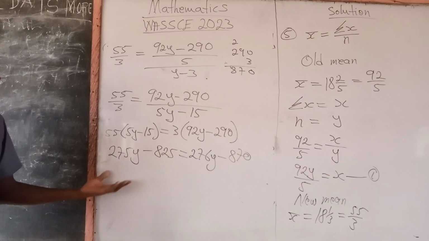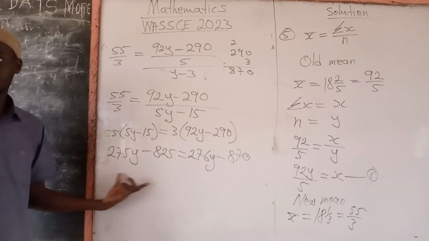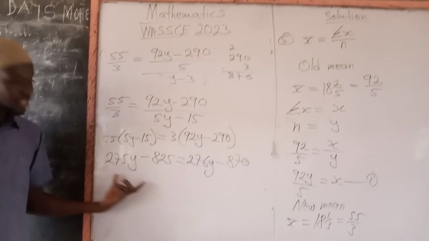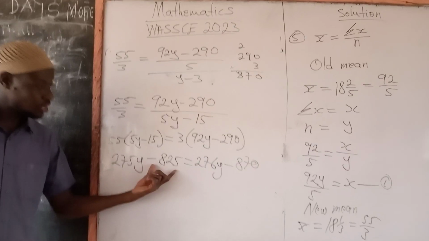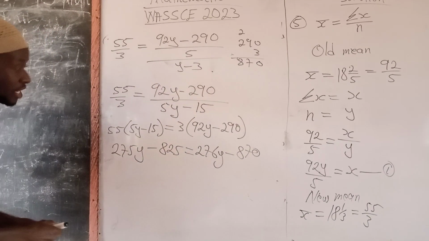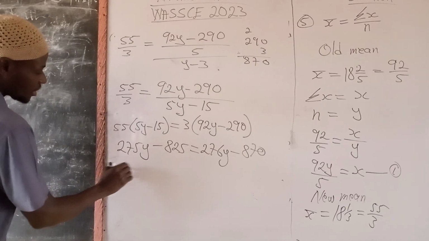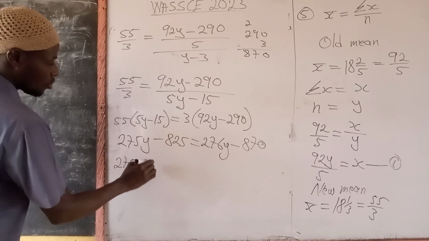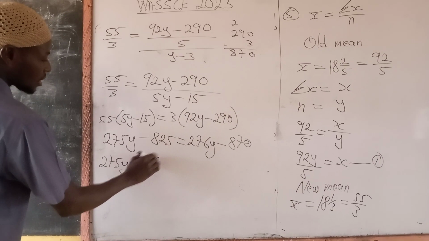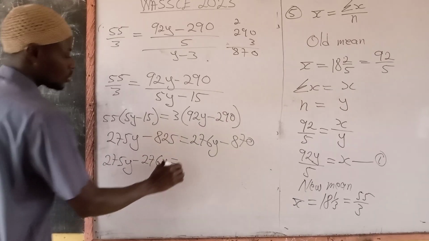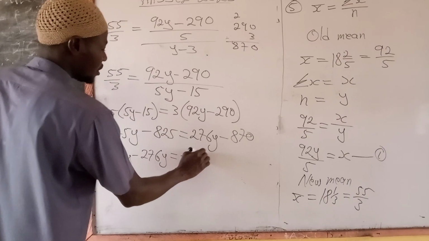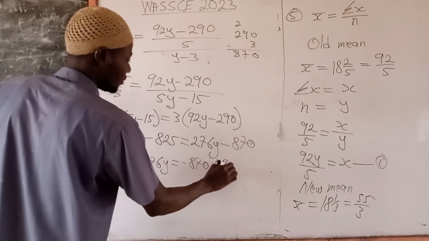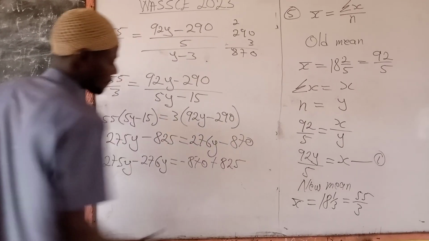Now, having done this, we can group our like terms. You see that there is a y term here, there is a y term here, and there is a constant here, there is a constant. So we have 275y, and if we transpose this to that side, we have negative 276y, equal to negative 870 plus 825.